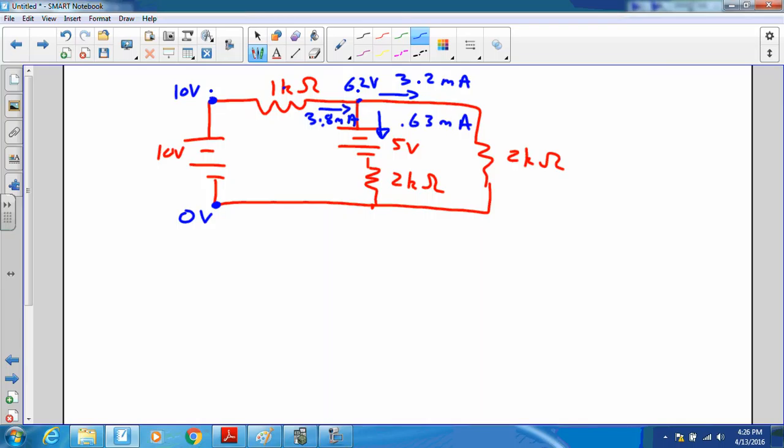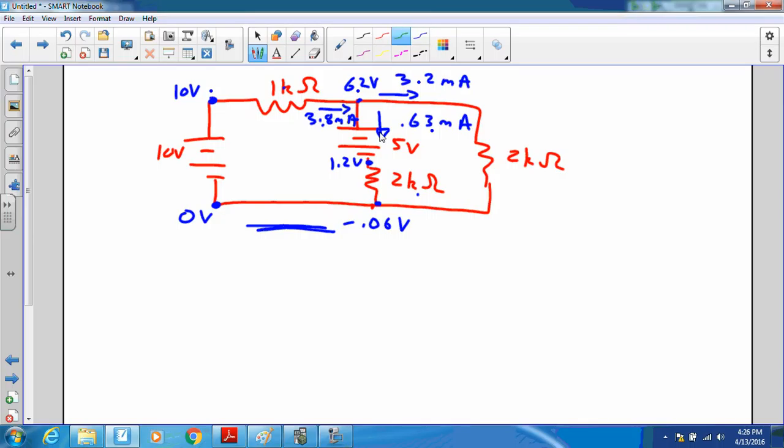Then as I continue around the loop on the left, I drop by another 5 volts so that I am down to 1.2 volts right here. And then as I go across the 2 kilo ohm resistor, 2 kilo ohms times the current of 0.63 milliamps drops me by 1.26 volts, and that puts me at negative 0.06 volts, which is essentially 0 within rounding error. And so I've come back around my circuit, I've done a loop check here, and my loop checks out.